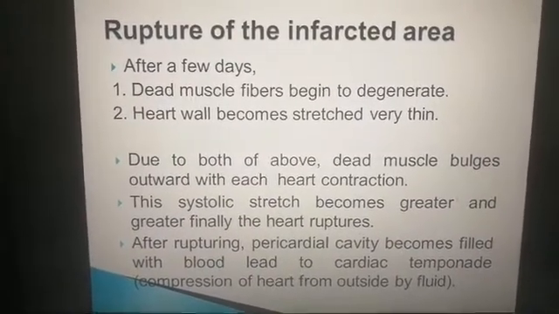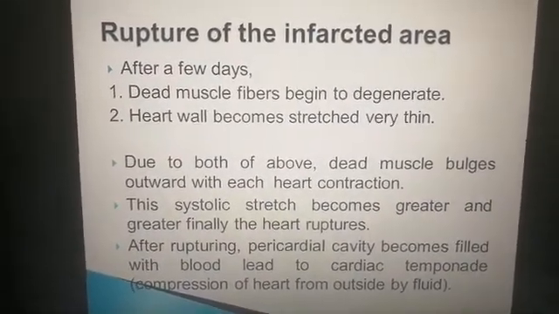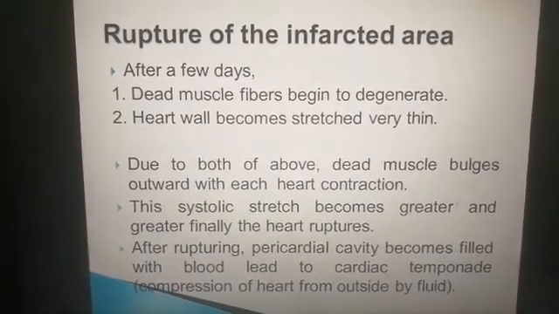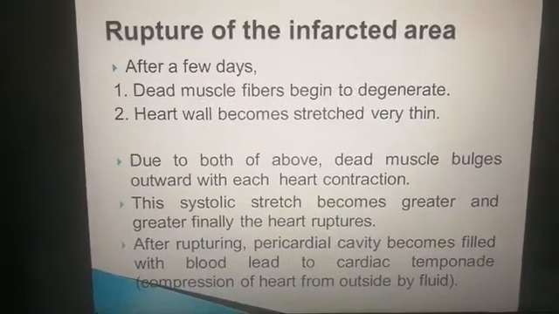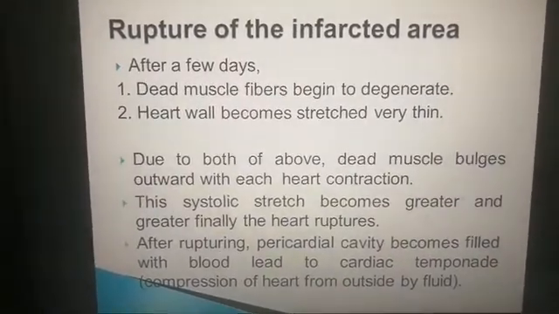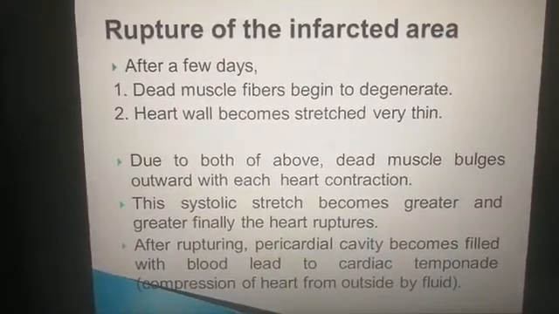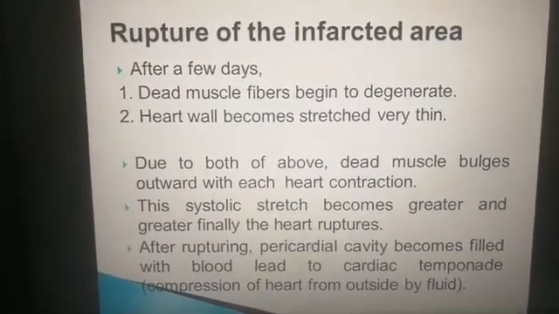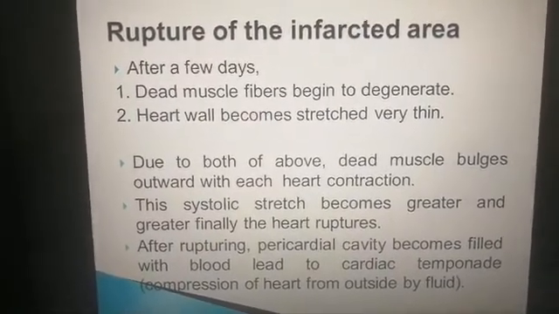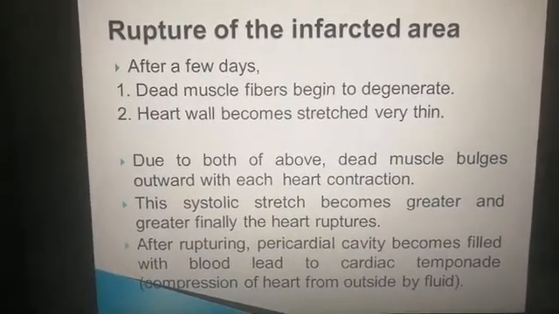This is very important: when the dead heart muscles degenerate and the heart walls become thin, with heart contractions the systolic stretch becomes greater and greater, and finally the heart ruptures.